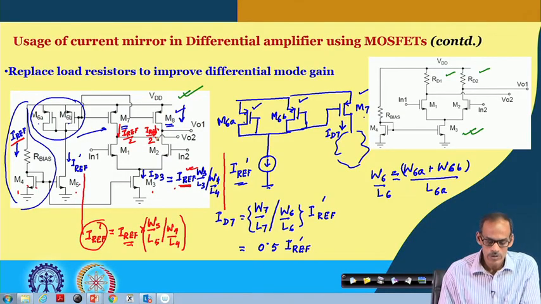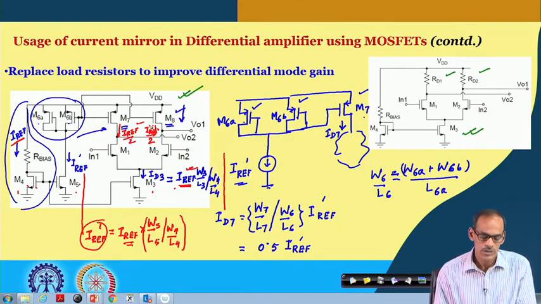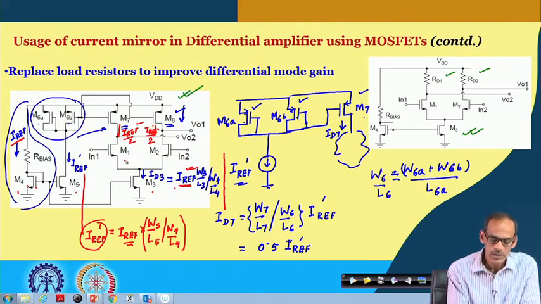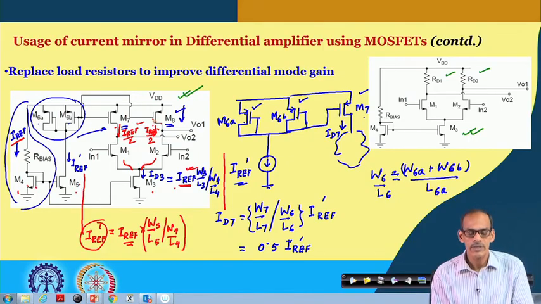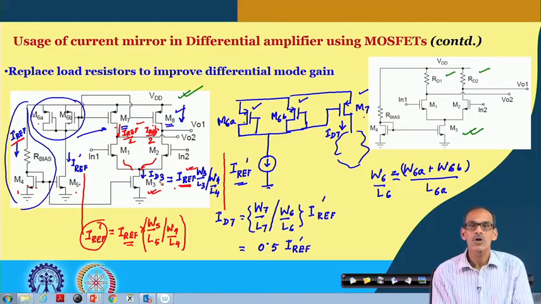This 2 times I reference by 2 together gives the total I reference here. That makes the current source coming from transistors 7 and 8 well balanced with the capability of transistor 3, which is working as a current sink.